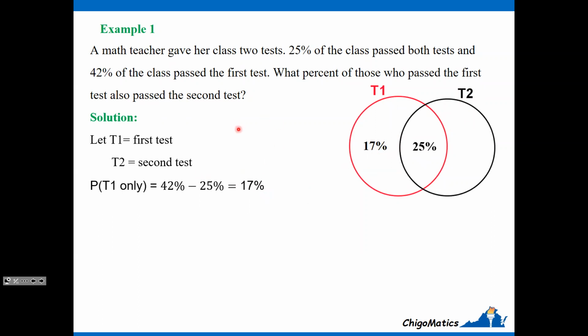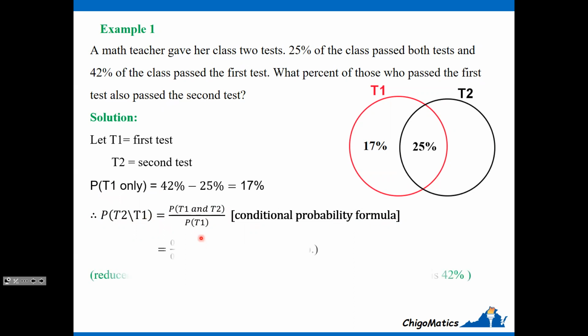Then we go on to try to answer our question. The fact that we want those who passed the first test also passed the second test, so it will be the second test given that they passed the first test. So this is the symbol, and its interpretation simply means probability of test 1 and test 2 over probability of test 1, right? So that's our conditional probability formula. What we need to do is identify the information and plug in.